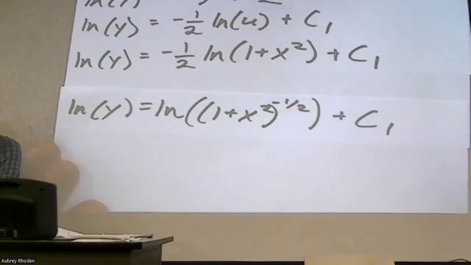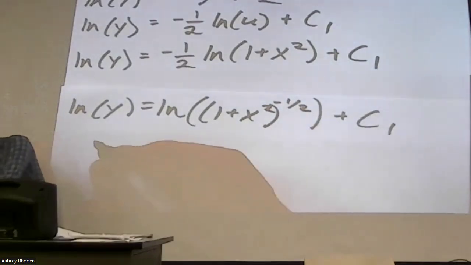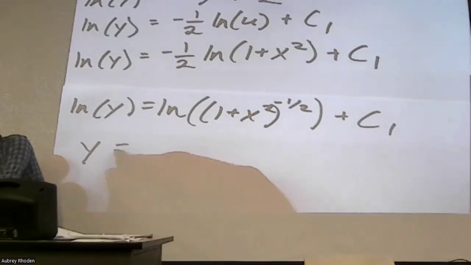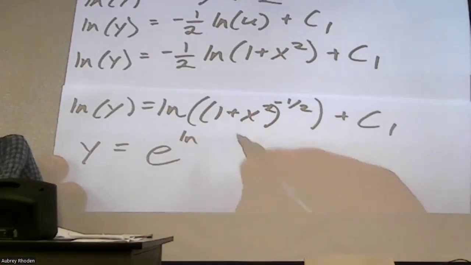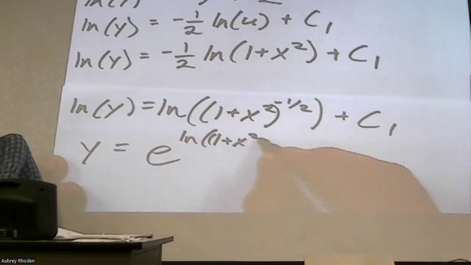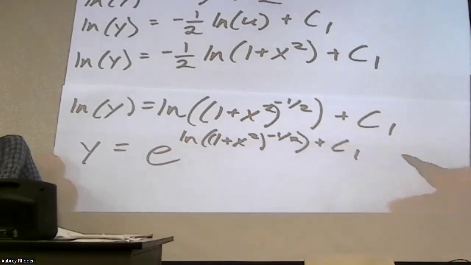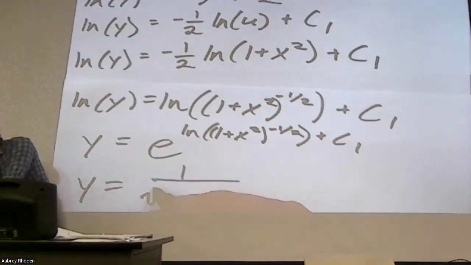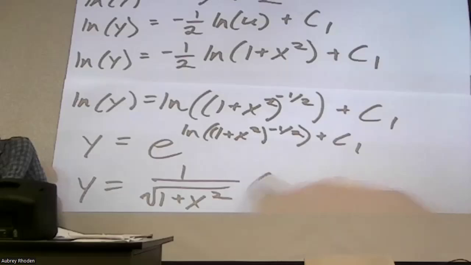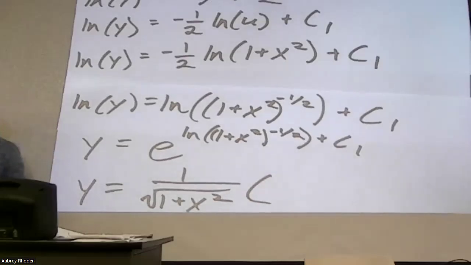And then if we raise both sides as a power of e, y is going to equal e to the natural log of 1 plus x squared to the negative 1 half, times e to the c1. But remember, e to the n undoes the natural log. So y would equal 1 divided by the square root of 1 plus x squared multiplied by e to the c1, which would just turn into an arbitrary c.